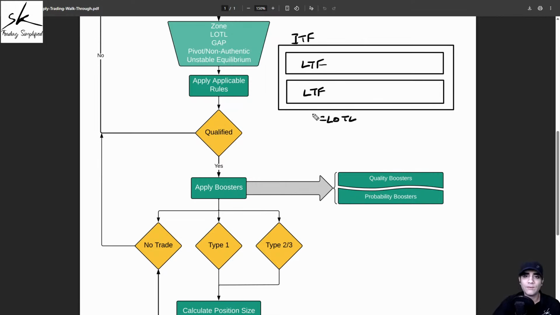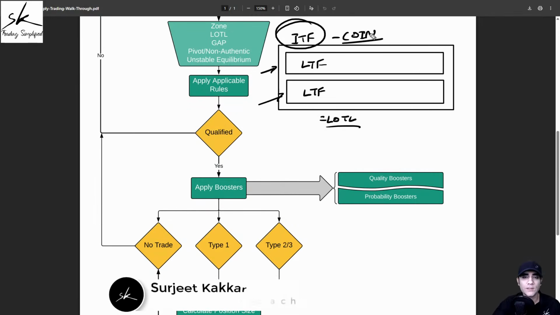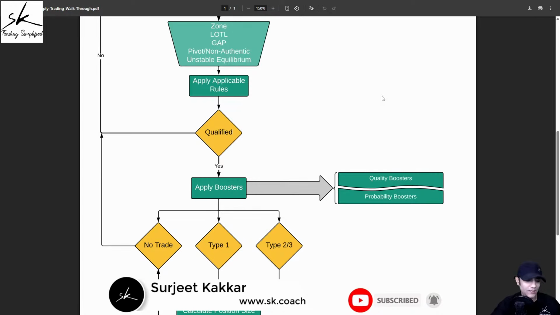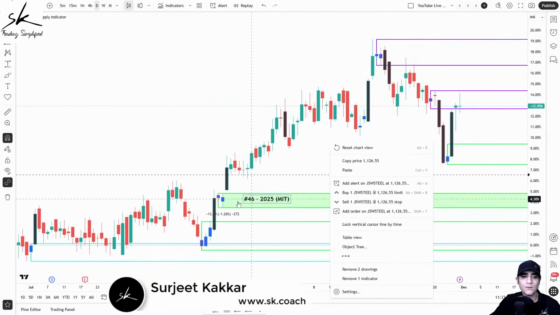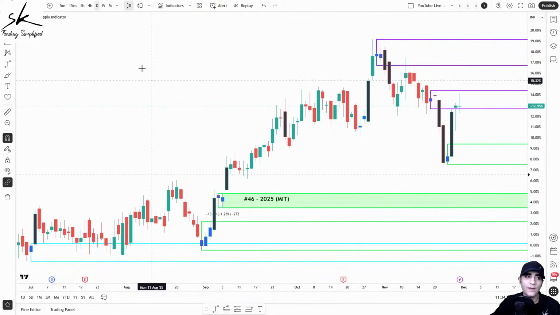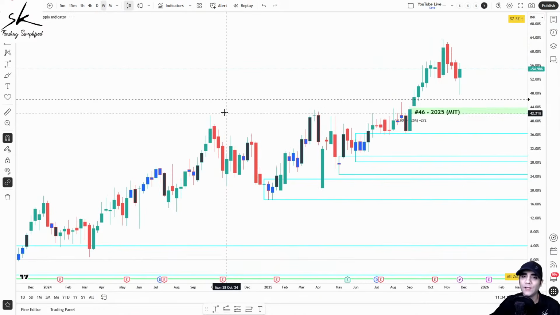So what we understand from here is that to be a case of level on top of level, my lower time frame zone has to be inside my intermediate, which we call a coinciding level. If you have a coinciding level, there is a possibility it might be a case of level on top of level. But if you don't have a coinciding level, it cannot be. So let's verify whether the zone we have identified coincides with an intermediate time frame zone.